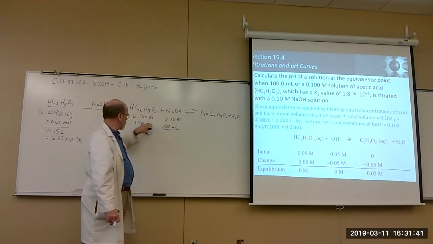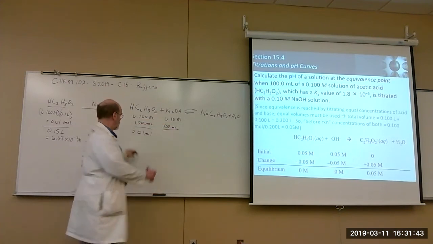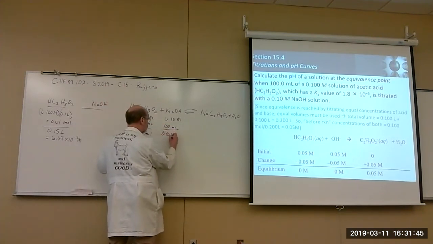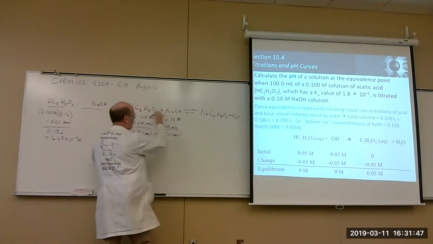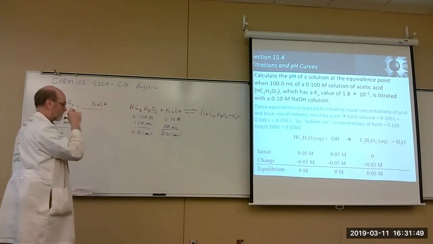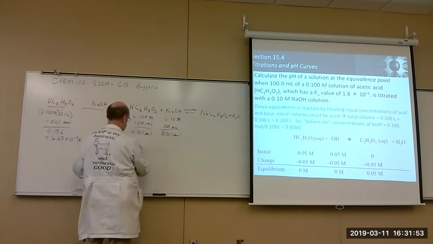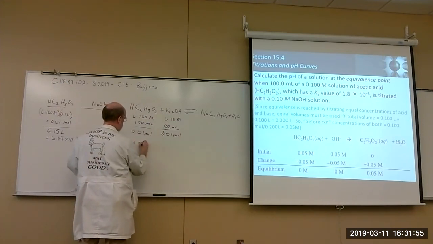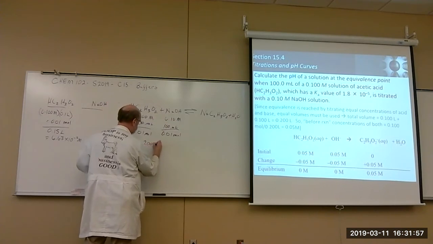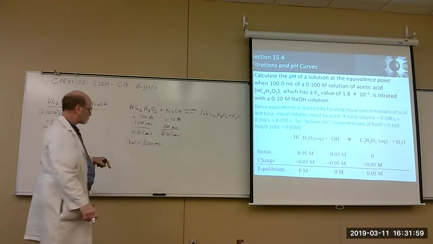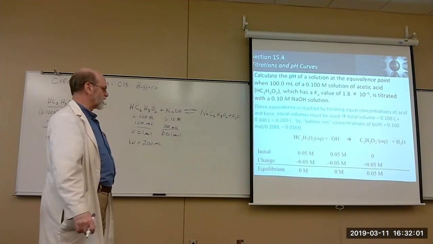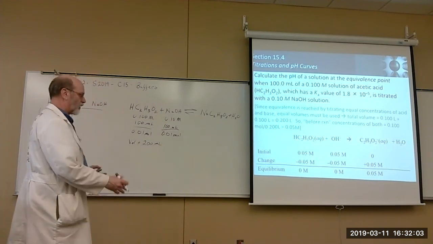You have the same concentration, so you also need the same volume, because you have to end up with exactly the same number of moles of each one. So that tells us the total volume: 200 milliliters, or 0.2 liters.